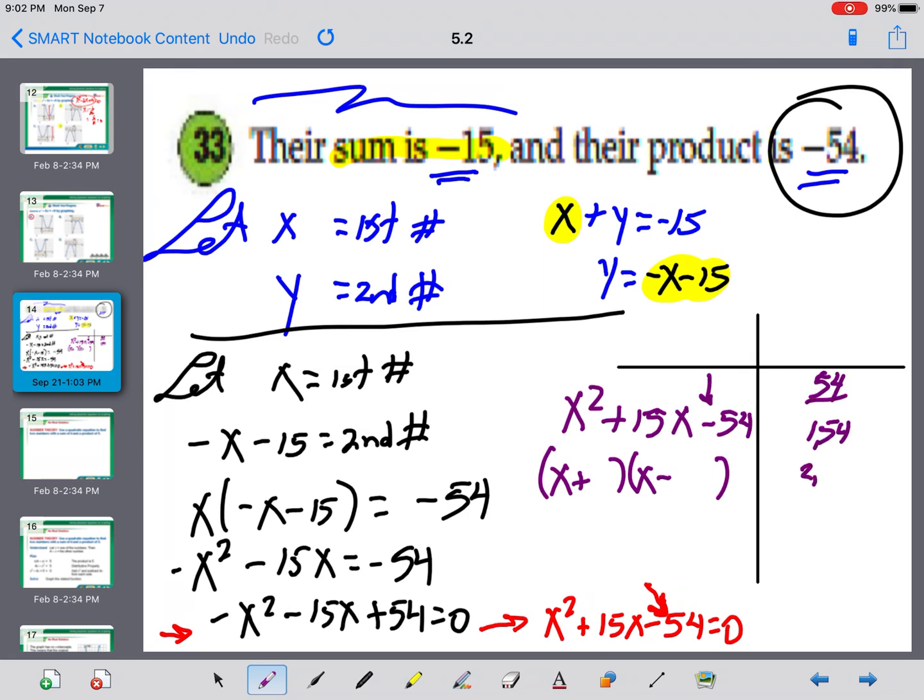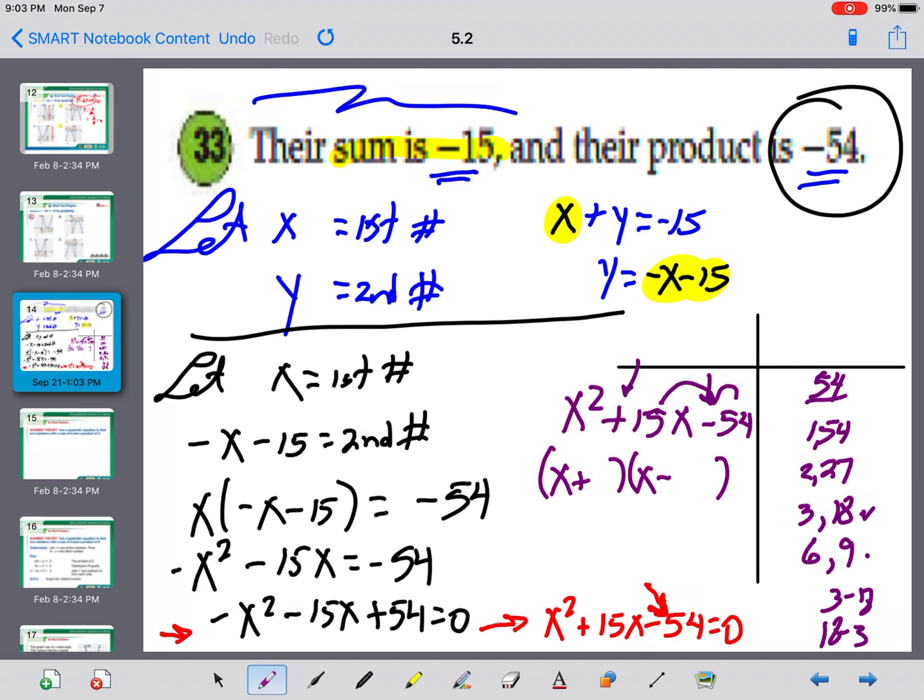Leading coefficient 1, double bubble, x and x. Signs are different. Factors of 54 are 1 and 54, 2 and 27, 3 and 18. Yeah, that's right. 4, believe it or not, doesn't work. 6 and 9. So when I read the map, I'm looking for factors of 54 whose difference is 15.